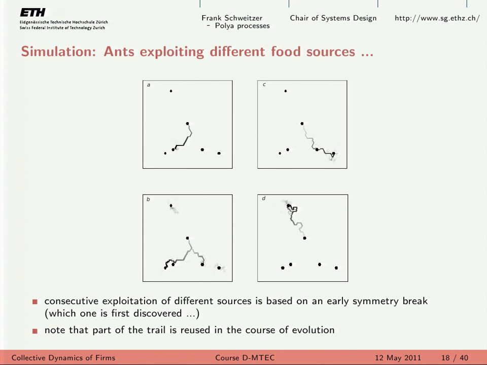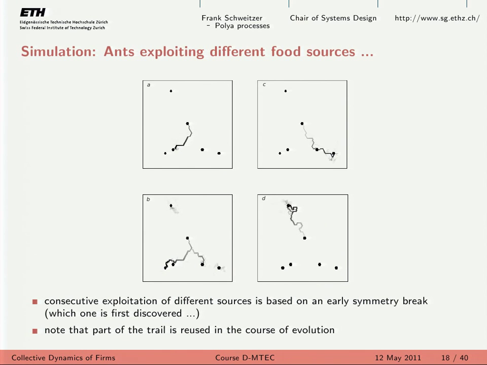This all happens at a time where they already know these sources. Actually, they know all the sources. But the fact that they have started to build a route in this direction, this fact forced them somehow, because it was re-amplified, to first exploit this area.